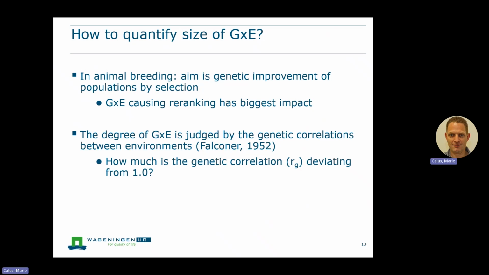And then if that's the parameter to look at, then the question really is, how much does this genetic correlation deviate from 1? And a rule of thumb that people have come up with: if it's 0.85 or higher, then maybe the differences between environments are relatively small and you should not worry too much about this in a breeding program. But if they're below this value, it's probably good to think about how you are going to deal with this.